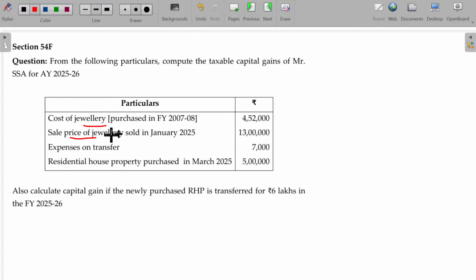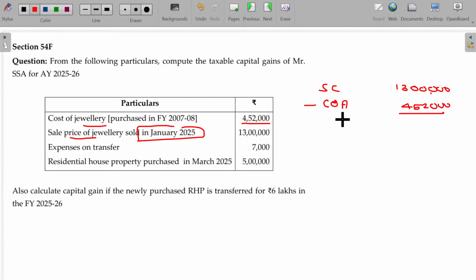Sale of jewelry. Sale consideration being 13 lakhs, minus cost of acquisition. Sold in this period, so you cannot get the indexation. Cost of acquisition being 4,52,000. Expenses on transfer, 7,000 rupees. 12,93,000 will be the net sale consideration.